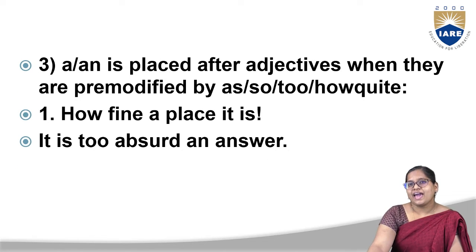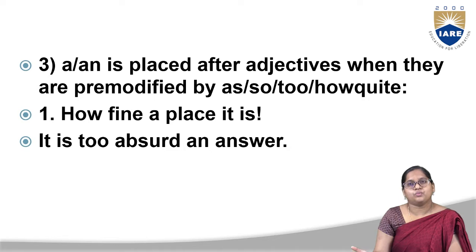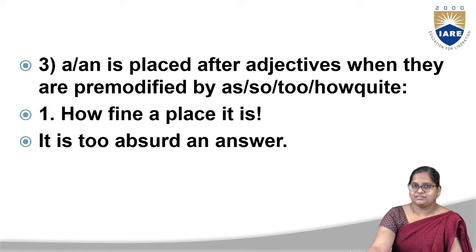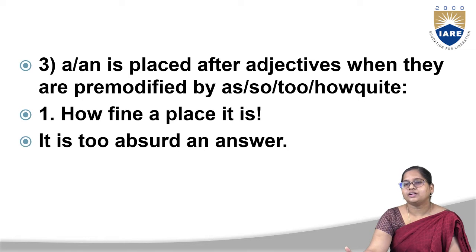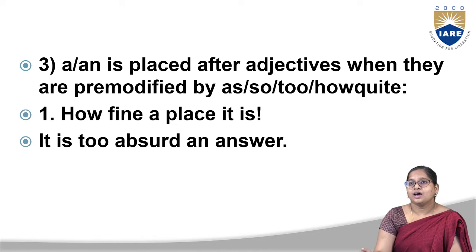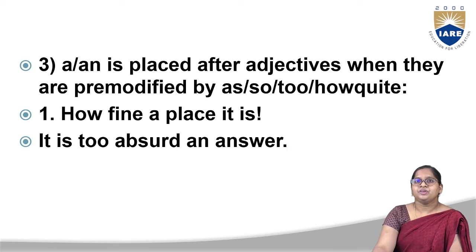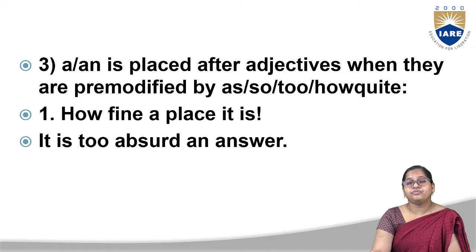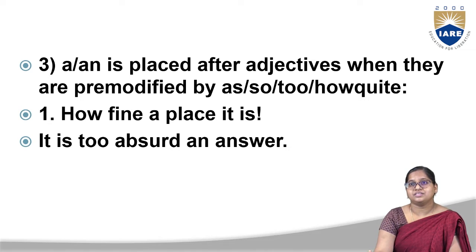Now, an is placed after adjectives when they are pre-modified by as, too, how. For example, how fine a place it is. So a or an, the indefinite articles, are placed after adjectives when they are pre-modified. See, for example, how fine a place it is.